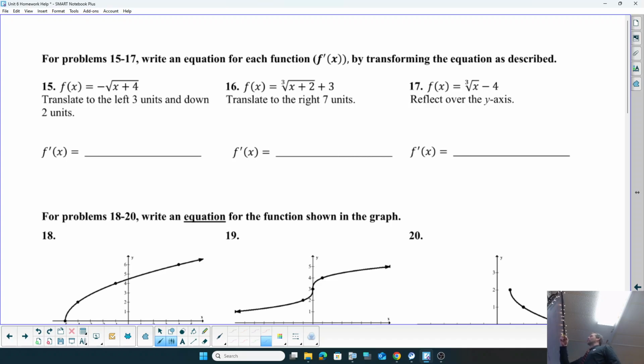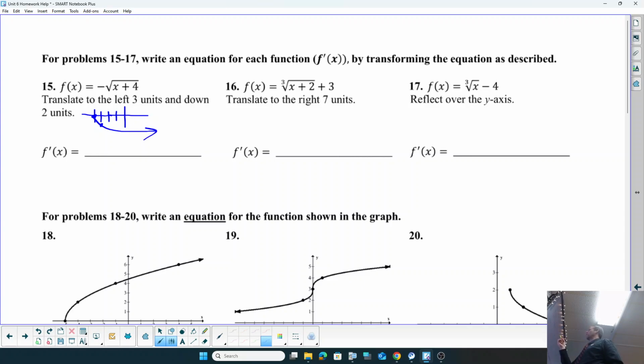Okay, so originally we had what? The original graph was left 4. 1, 2, 3, 4. That was the original function. So left 4, and then down 1 over 1, like that.